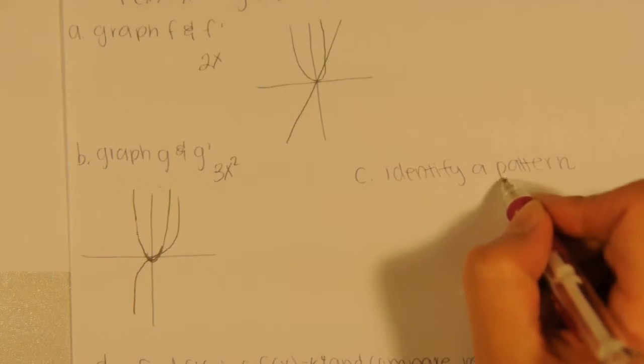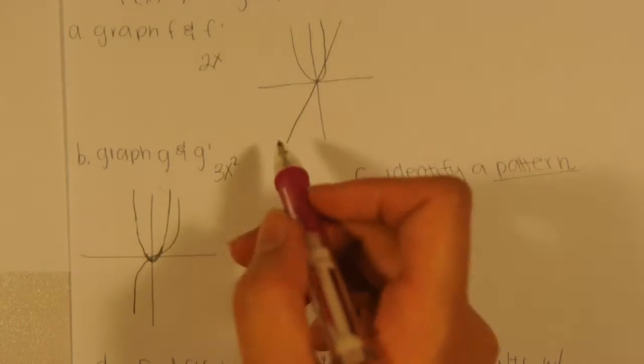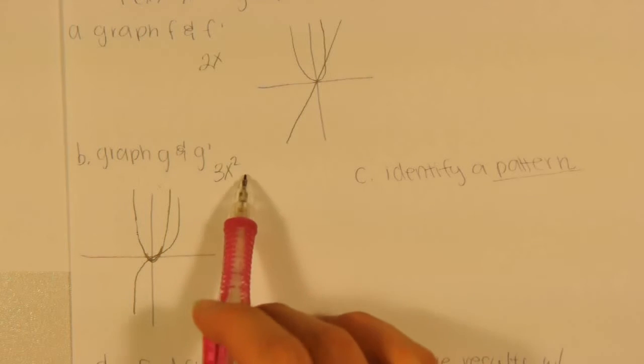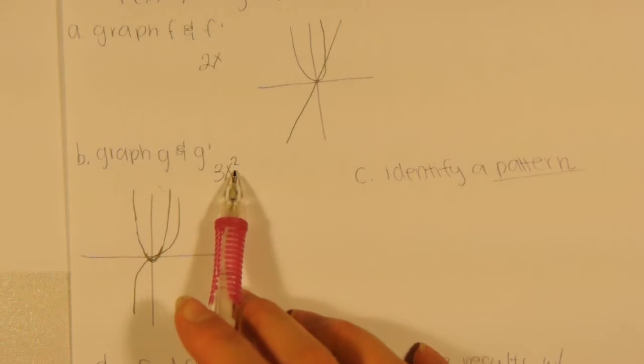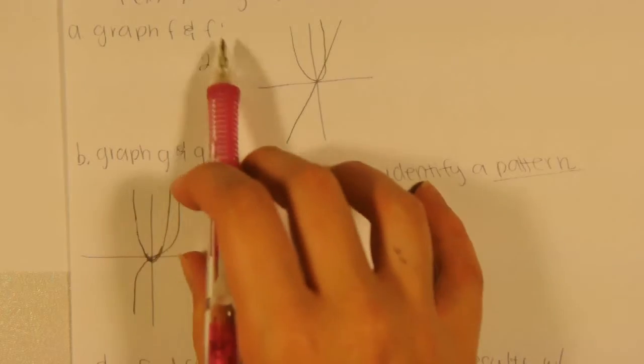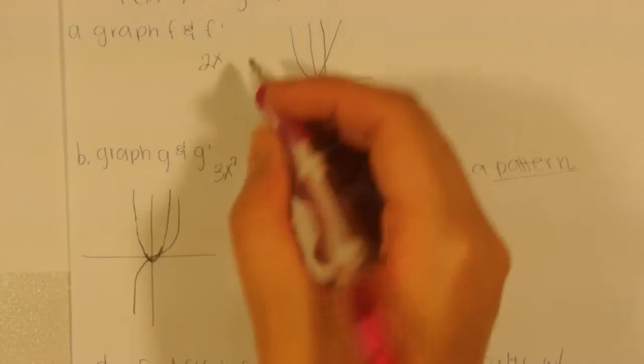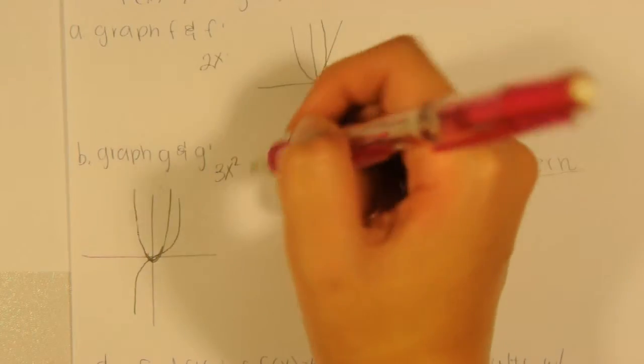So, identify the pattern. If we look at the exponents of each, we notice that they go down a power.